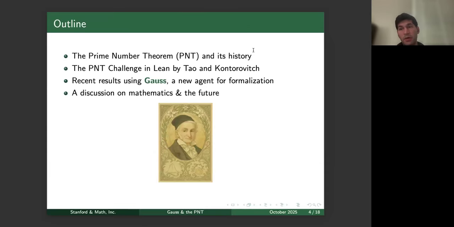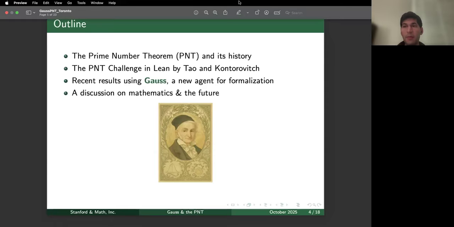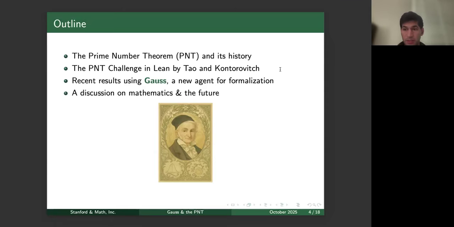So today, I really want to focus on one particular application of formalization, specifically to the prime number theorem. So in the beginning of the talk, I just want to take some time to explain what the problem is, the prime number theorem, and some of its history, which will have some parallels later in the talk when we talk about the formalization challenge of the prime number theorem, which was recently put forward by Terry Tao and Alex Kontorovich.